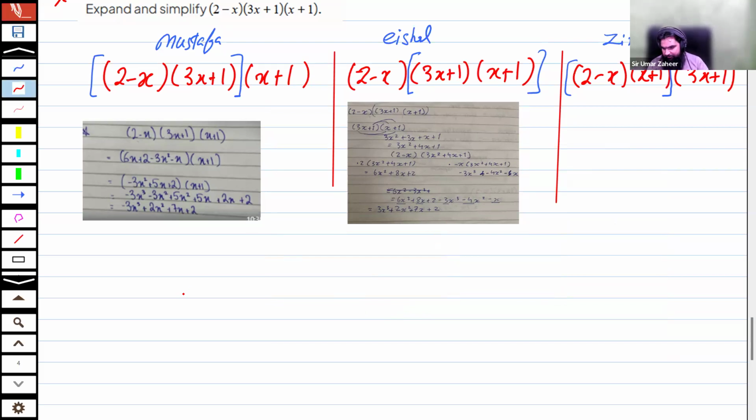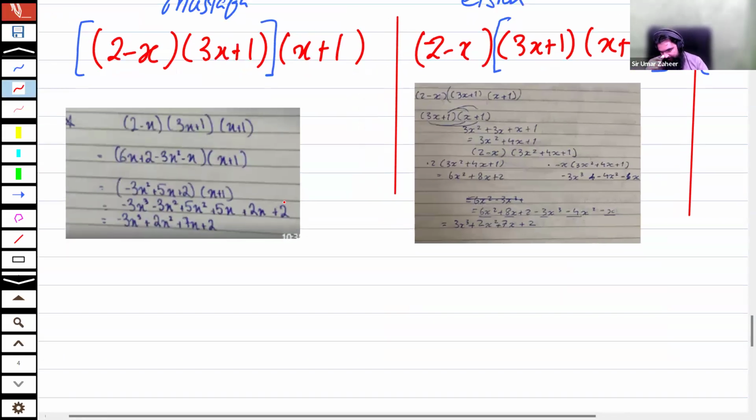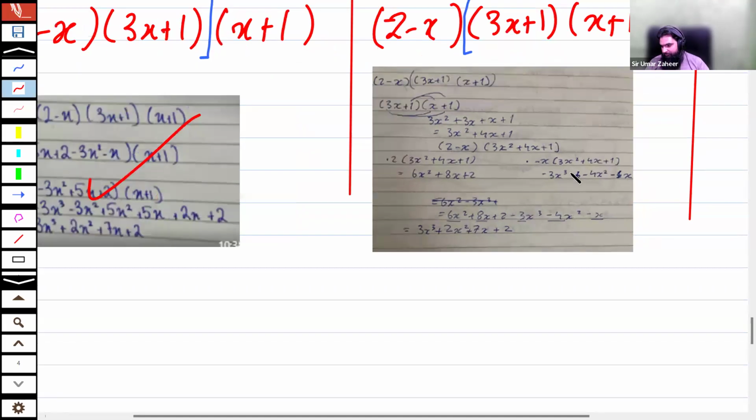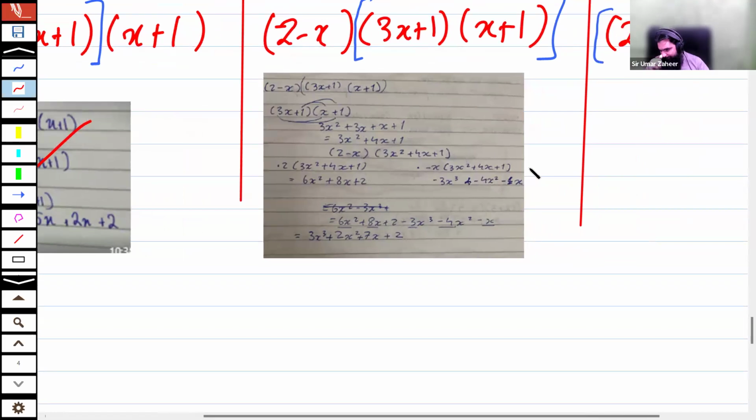All right, so for the first one we have 3x minus 2 minus 3x here minus x. You will simplify them, it will be 5 minus 3x minus 3x cube minus 2x plus 7 plus 2. Yeah, that's correct. You will multiply the two brackets and you will get this answer.